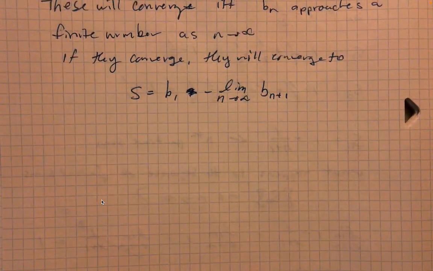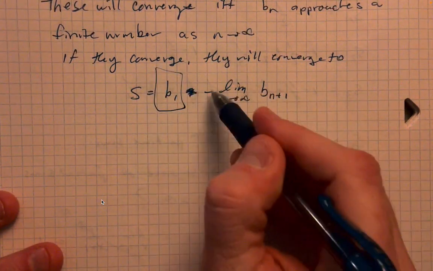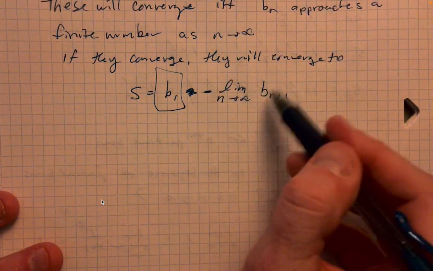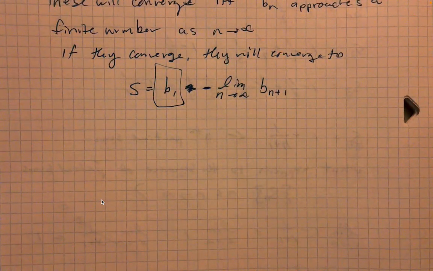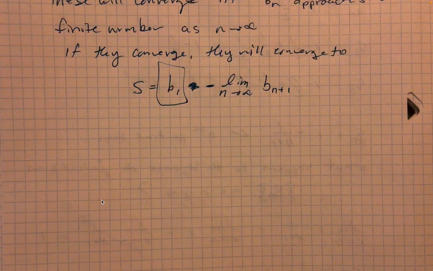So if a telescoping series converges, it's going to do this. What's important is what happens with that last term. In the example we saw, the limit was 0, so the piece you're subtracting off diminishes to 0 in the limit, hence the convergence.